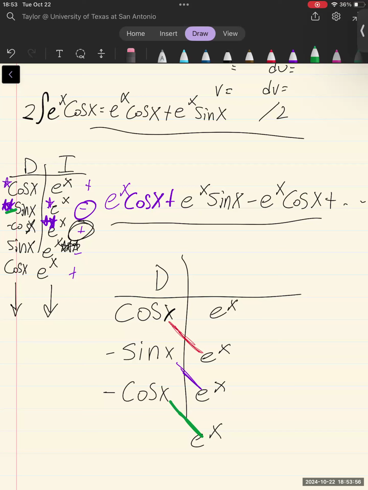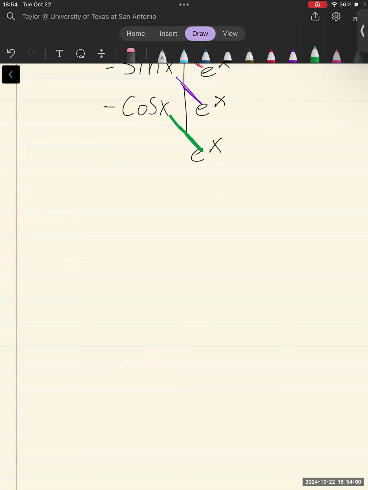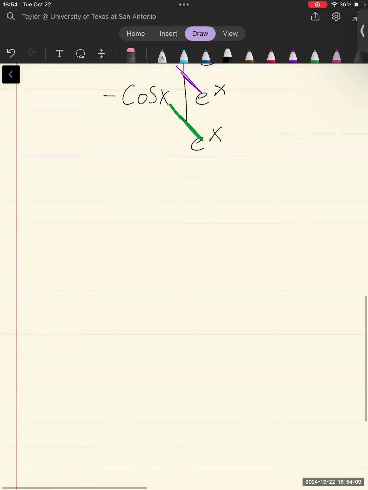Any other questions? All right, so I've got one more. We're going to do the tabular method, but I'm going to have you work this out first, and then I'll give you the answer.